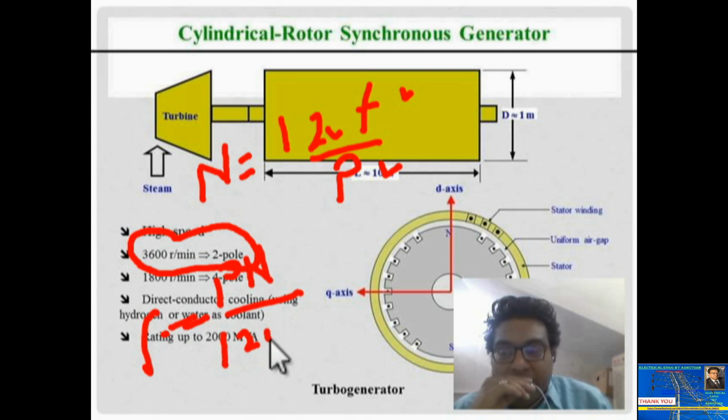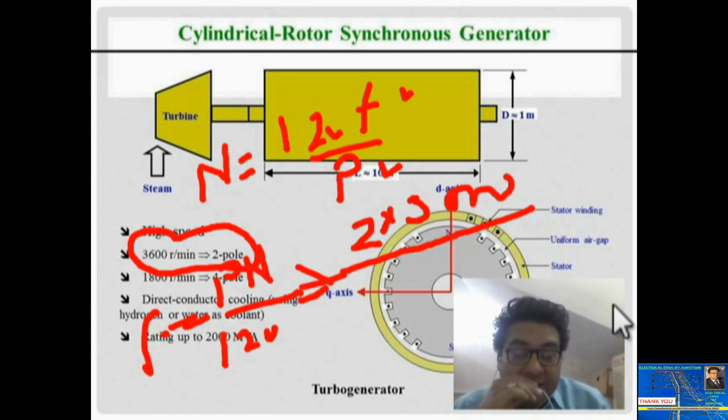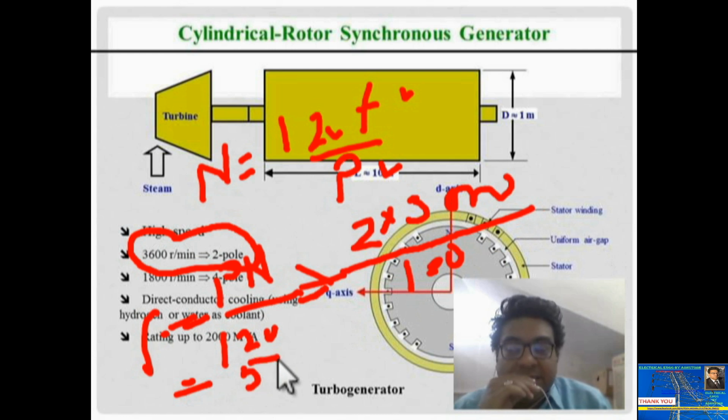So guys, if you select number of poles 2 for round shape or cylindrical rotor alternator, it will be multiplied by 3000 rpm, which is the maximum speed in our country India, divided by 120. So basically guys, the 50 hertz frequency will come with this formula.